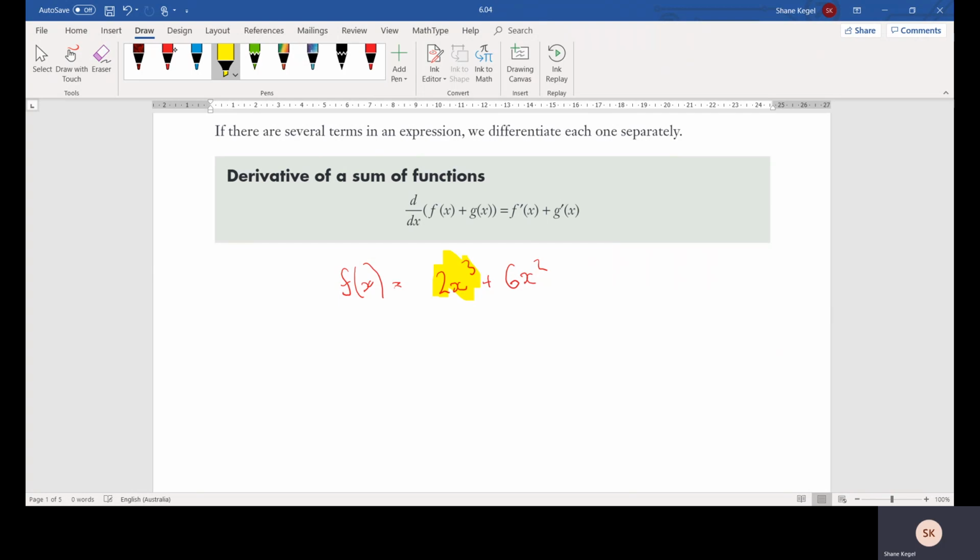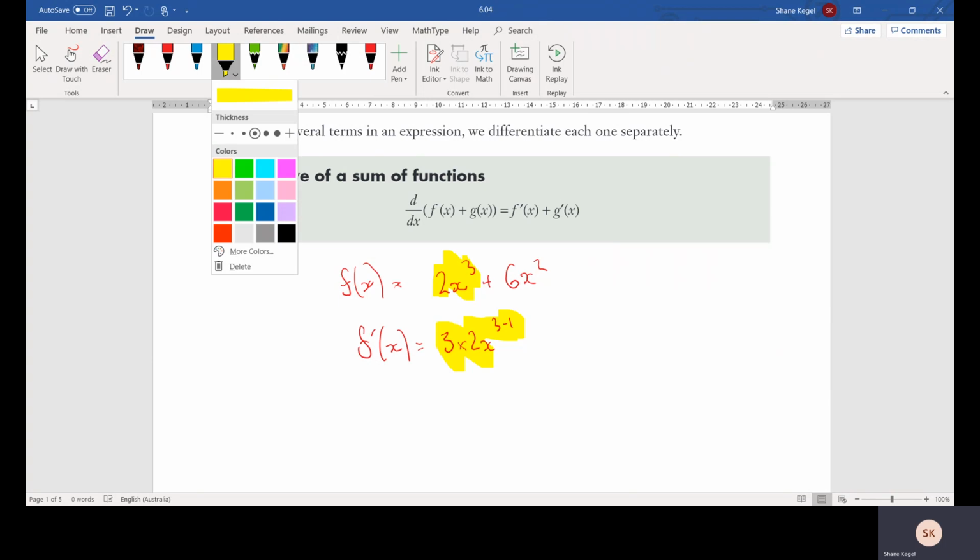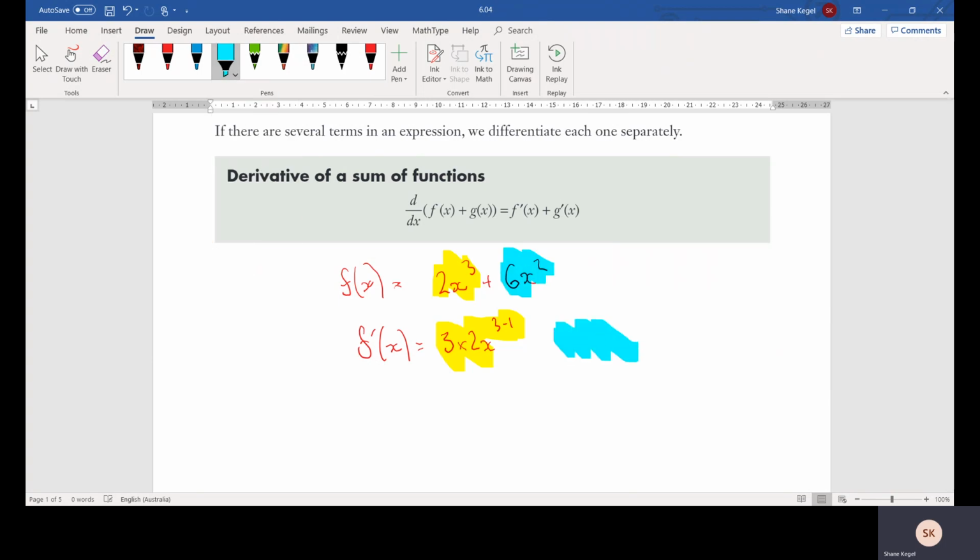So what I'm going to differentiate first is the first term. So therefore, f dash x equals, remember, bring the 3 down the front and take 1 from the power. So 3 times 2x to the 3 take 1. And then, so that's my first term. And then I simply just add on my second term. And I'm going to add that onto the end of my derivative function.